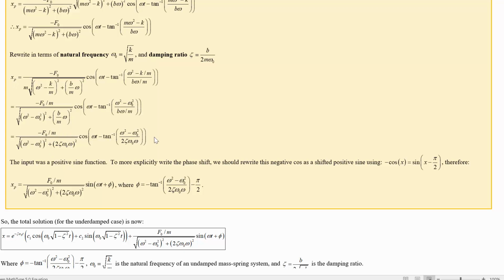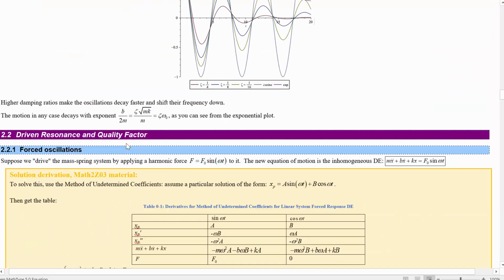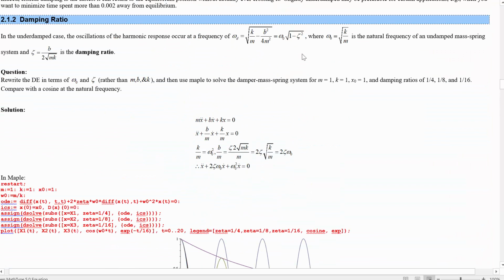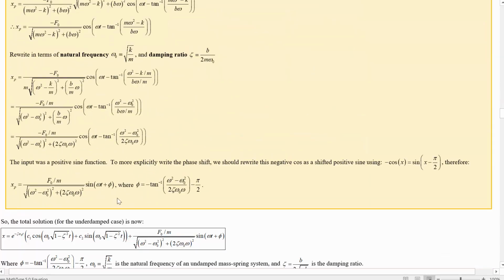Okay, so then we have this interesting particular solution that, unlike the solution to the homogeneous form, doesn't decay in time, right? Unlike these solutions we were dealing with up here that we were plotting when we were not forcing it, this does not have an overall exponential decay, right?